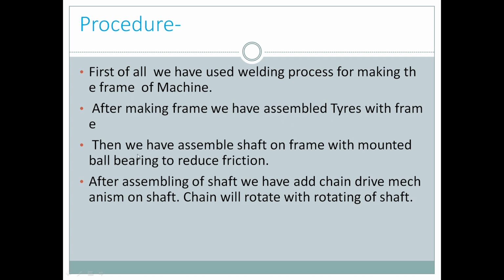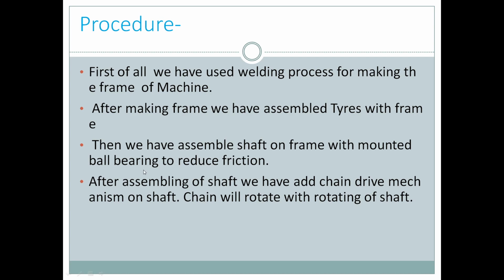Then the third procedure is we assembled the shaft on the frame with mounted ball bearings to reduce friction. We know very well that to reduce friction we have to apply ball bearings. In our project we applied two pairs of ball bearings because there are two shafts.